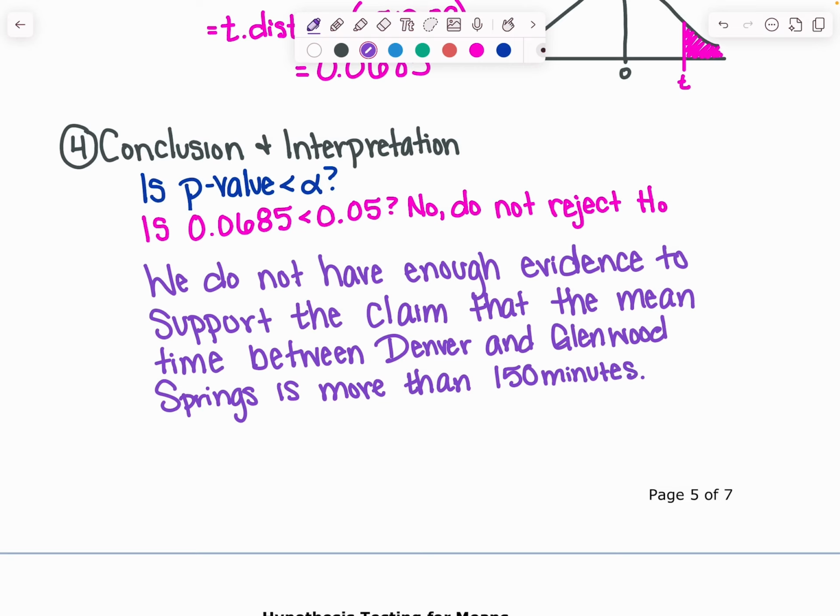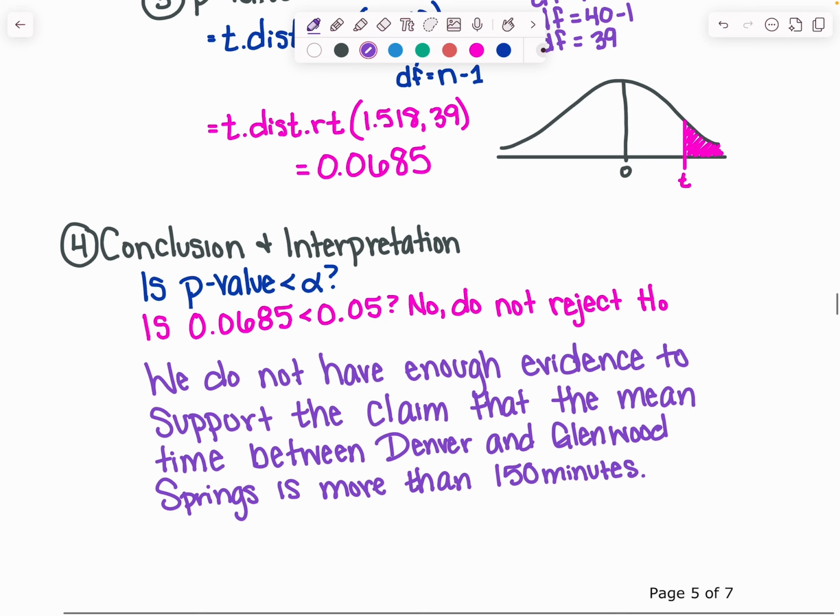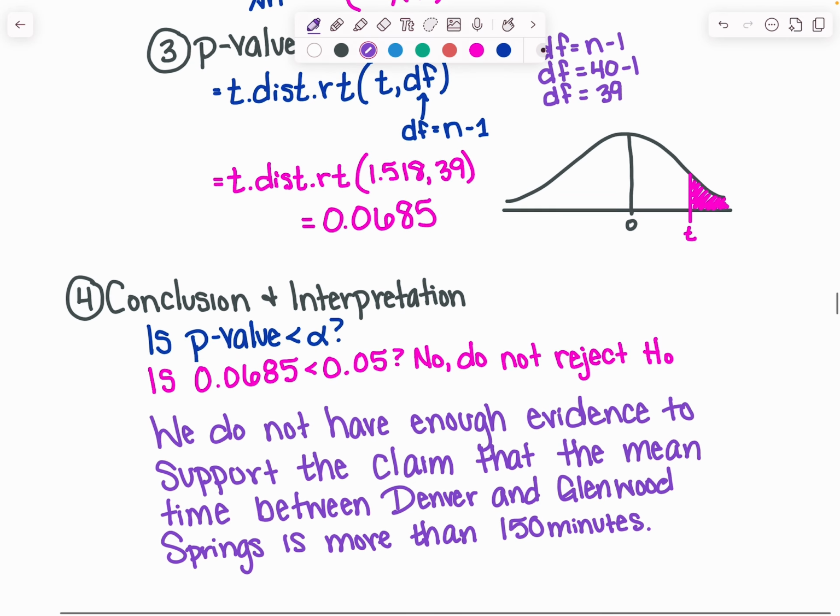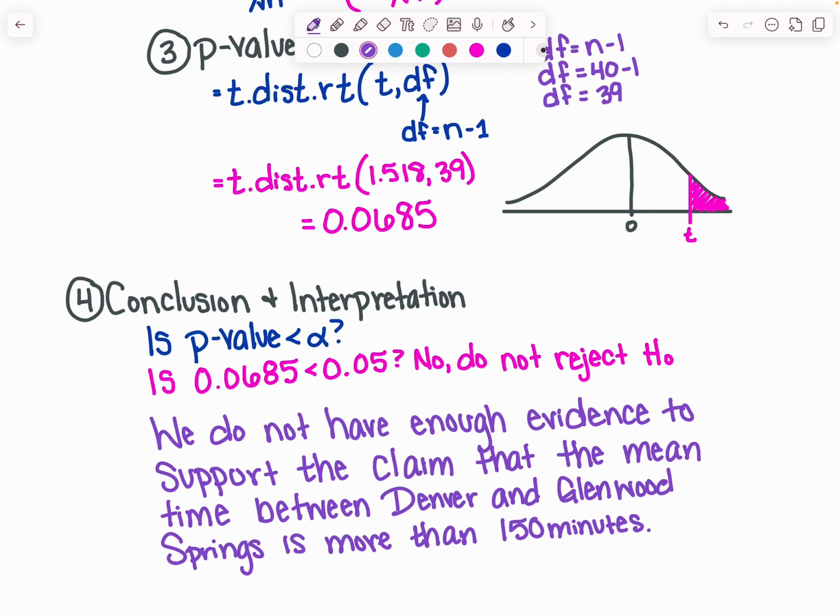So we do not have enough evidence to support the claim that the mean time between Denver and Glenwood Springs is more than 150 minutes. And there we go. There is our first hypothesis test for means.